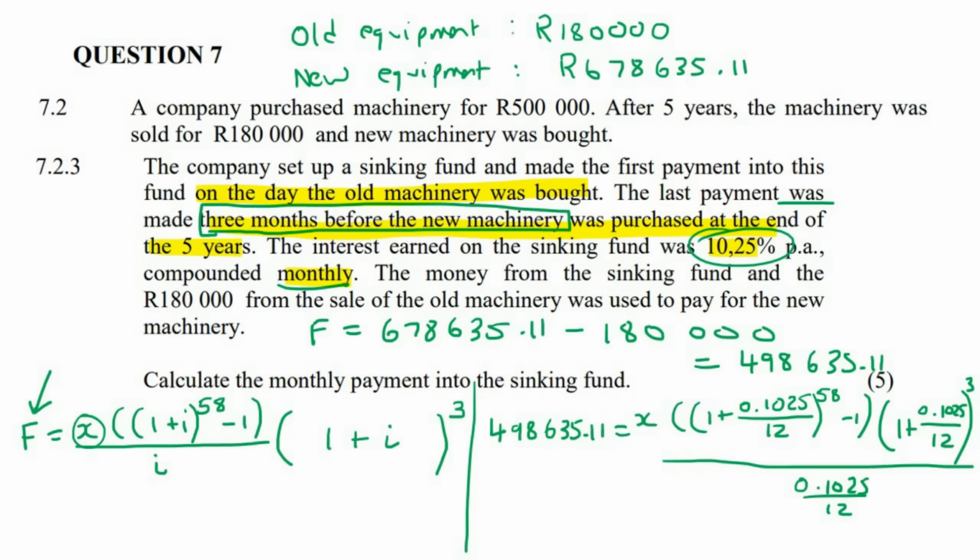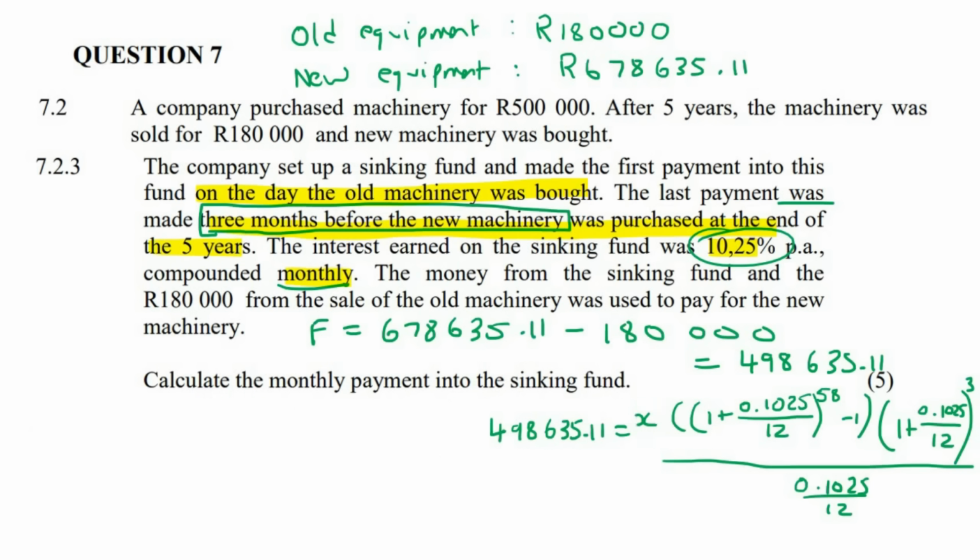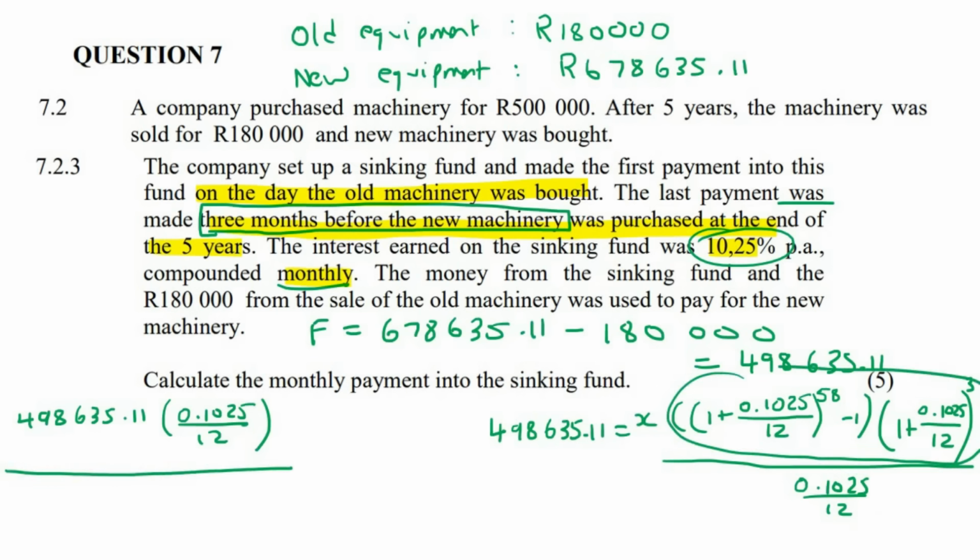So what we need to do now is we somehow need to get this x. Okay, so what I would do is I wouldn't use my calculator right now. I would just multiply this over to the other side, but I wouldn't use the calculator. So what I mean is I would say 498,635.11, and I would multiply that by 0.1025 over 12. So that takes care of that part. Then I would divide by all of that.